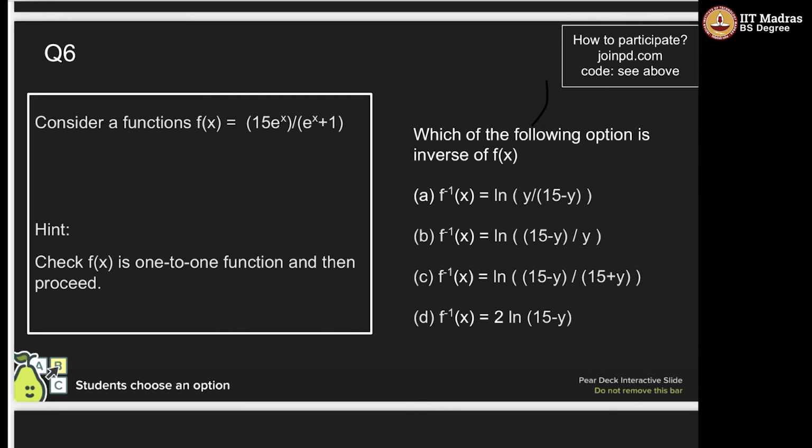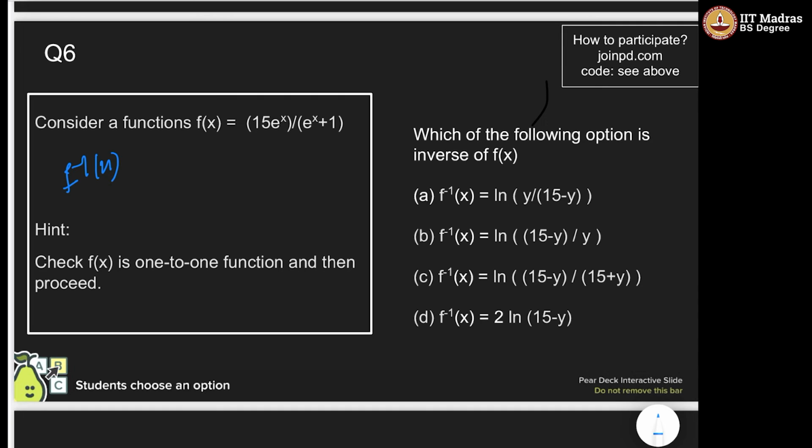But in this particular case, because all four options include f inverse, we can assume that f inverse exists. If this is not the case, then you have to check whether f inverse exists or not.